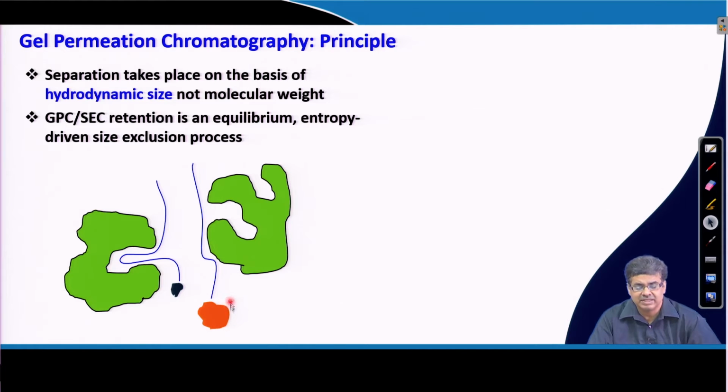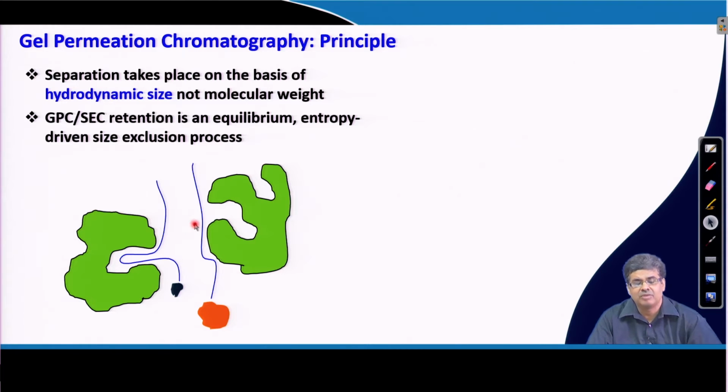Now, in this case it is not so rigid as it is shown here. Polymer molecules are flexible. So the restriction of entry into the pores for polymer molecules is driven by the entropy of the polymer molecule inside the pore and outside the pore.